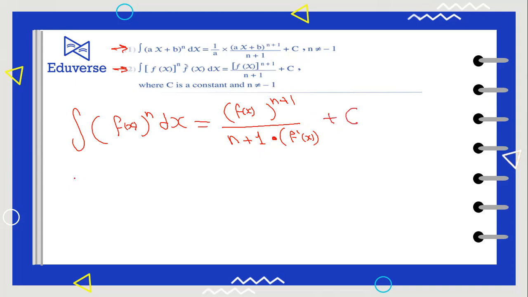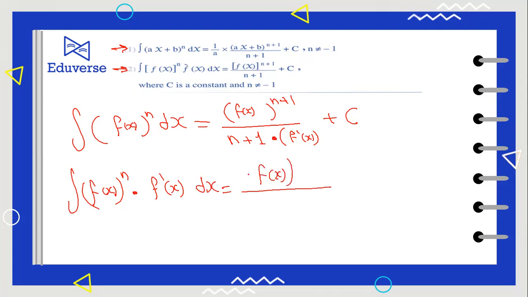Okay, but if the integration is f of x to the power n multiplied by the derivative of the function, then put the bracket to the power n plus 1 over n plus 1 only. Don't put the derivative in the denominator. Why? Because I have a derivative here, so I didn't put it in the denominator.